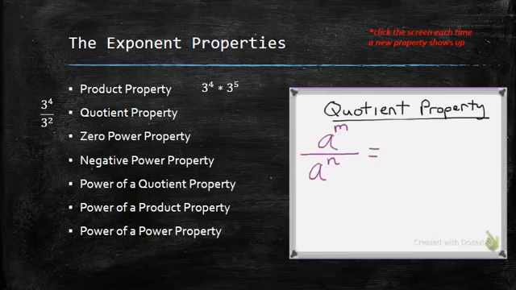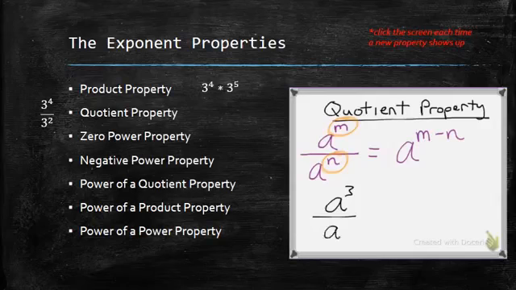For this one, you subtract, so it's going to be a, base the same, to the m minus n. So it's the power on top minus the power in the denominator. For example, a to the third power divided by a to the first power equals a to the 3 minus 1, which equals a squared.